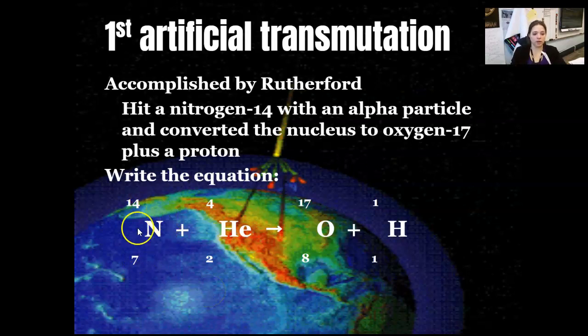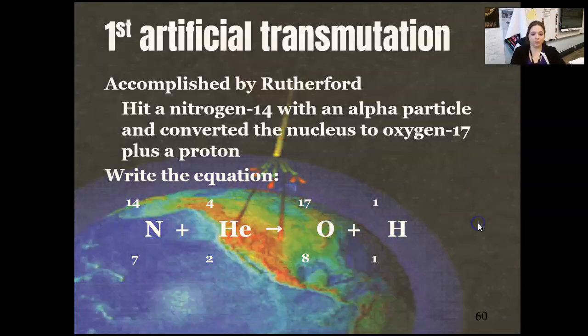He struck nitrogen with a helium, you add everything up, and you're left with almost like a proton emission. And so you got oxygen-17, which is not stable, it's an isotope, and you got hydrogen.